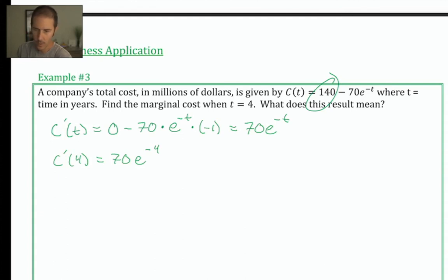And I got 1.282. So I'll put a squiggly equal sign telling me that this is an approximation, 1.282.